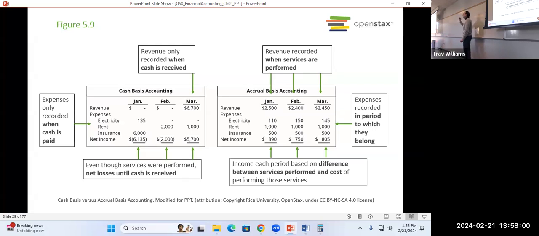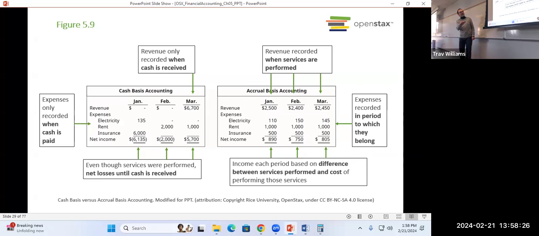The same company with the same transactions, if they based everything on cash, we would see that the revenue from the first couple months, the customers didn't pay until March. So it looks like the company did not have any sales those couple months when they did. And here they made a major payment for an expense.